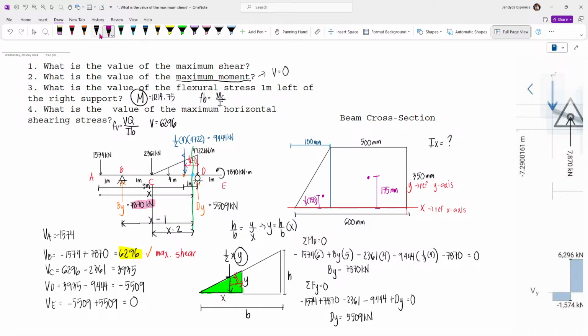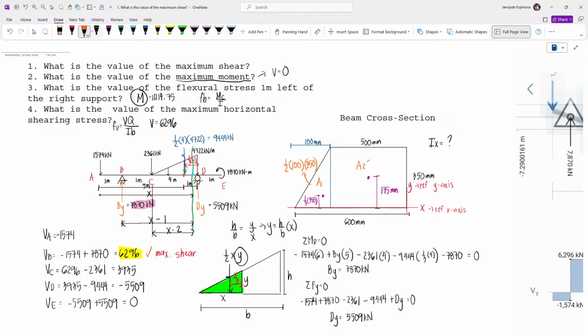Kana. Now, ang area na to, butang ta lang nga, this is area 1, this is area 2. Ang atong area 1 is 1/2 times base nga 100 times height nga 350.